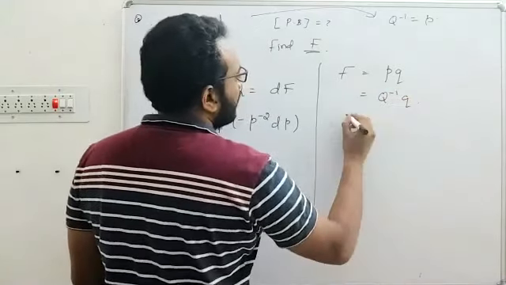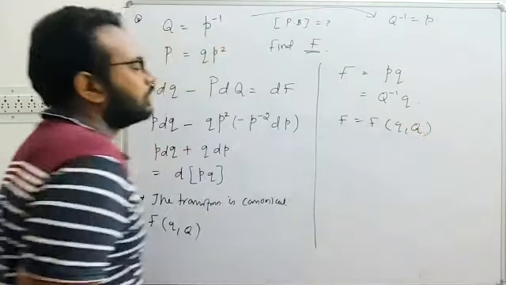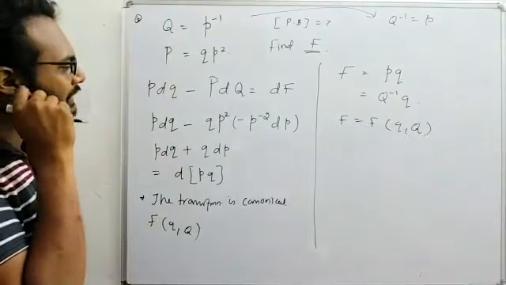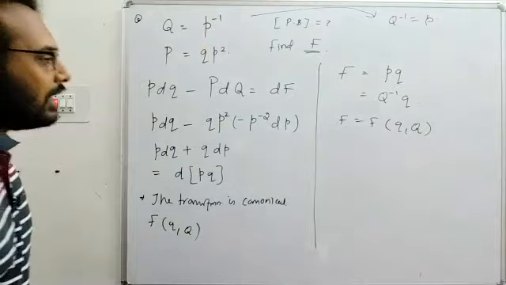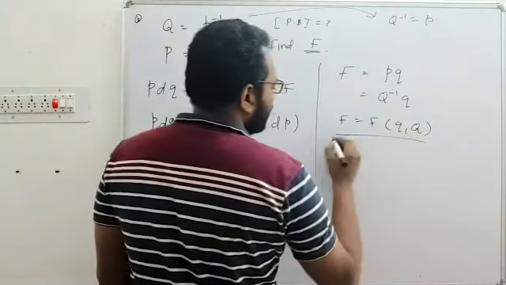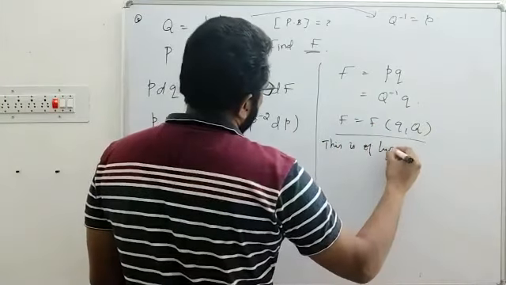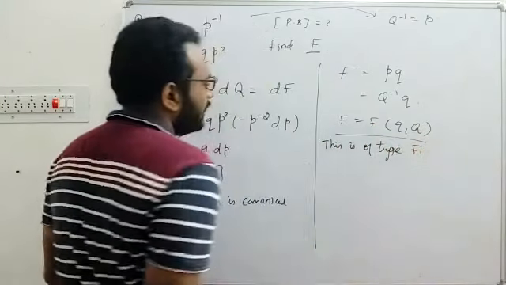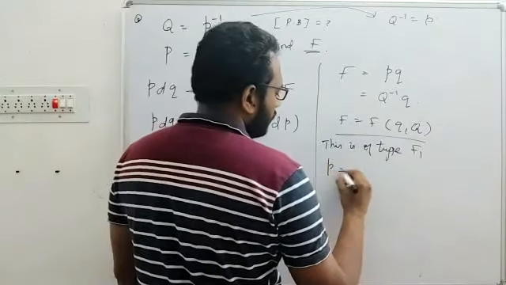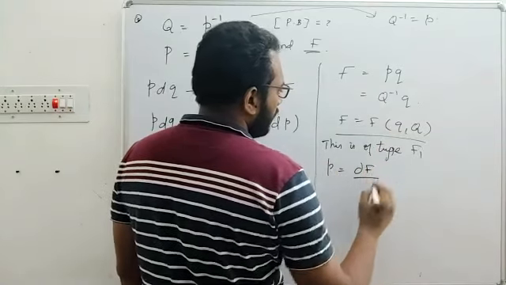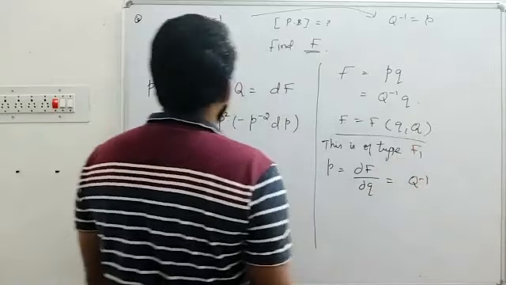Now this is a function F of q comma Q. This is good. Which function is this? This was F1. Is that correct? We can always check whether this is correct. This is of type F1. Now we can always check whether this is right. We know that P has to be equal to dF by dq. In this case, that becomes Q inverse. Do we have it? Yes.